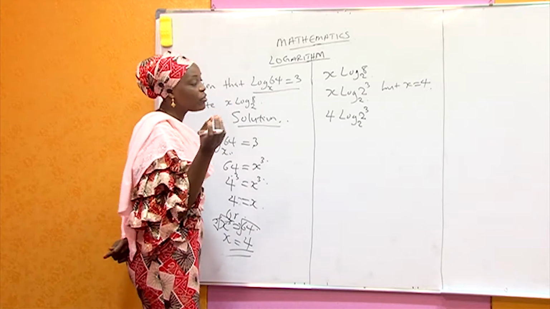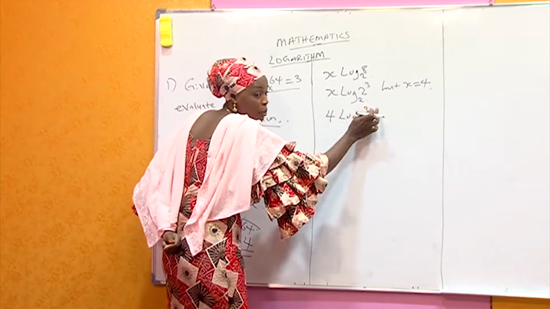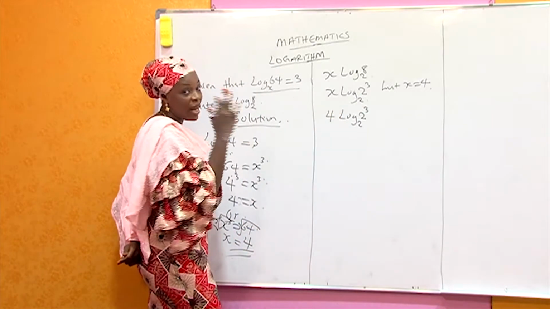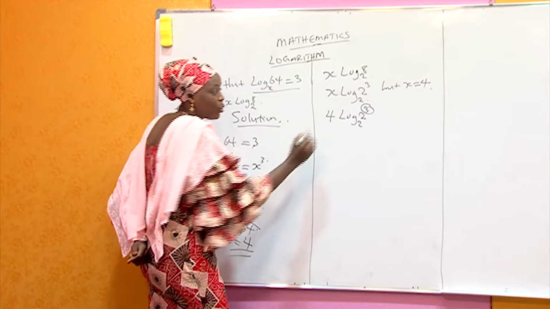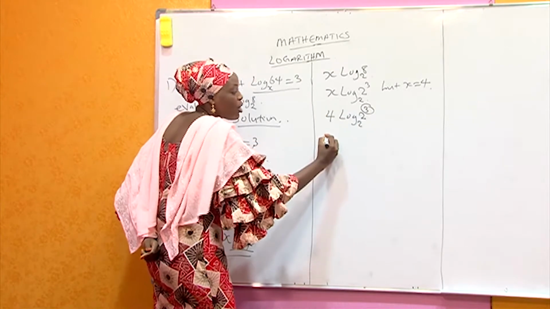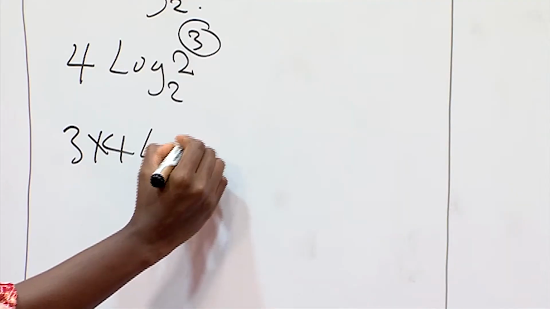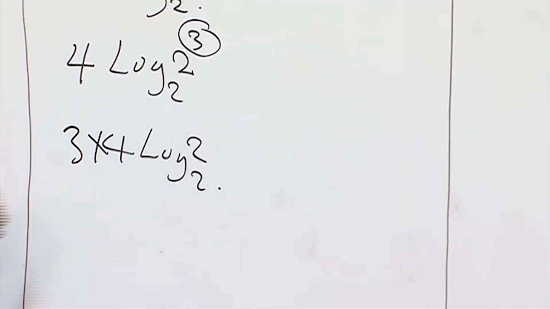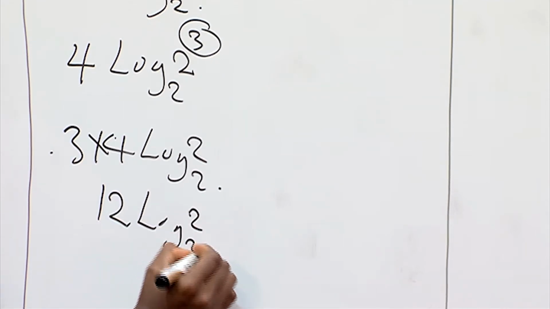Remember that part of the laws of logarithm is that when you have a power, it comes down to multiply the log. So this power here, we can bring it down to multiply the log. Bringing the power down, we have 3 times 4 log 2 base 2. 3 times 4 will give you 12 log 2 base 2.